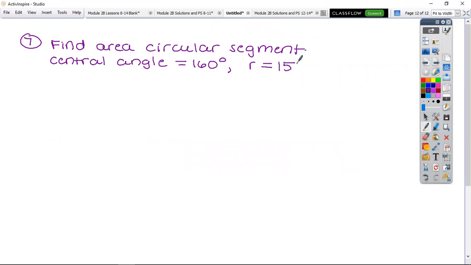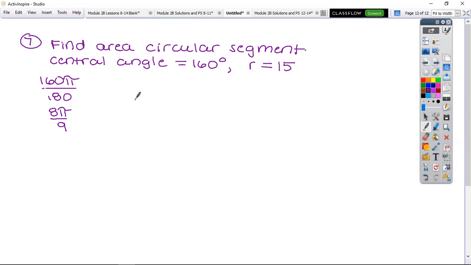Now, on your formula sheet, I believe it even states it. What must your angle be in? Radians. So I made you do a conversion. So to convert that angle, we go 160 times pi over 180, which reduces to 8 pi over 9.